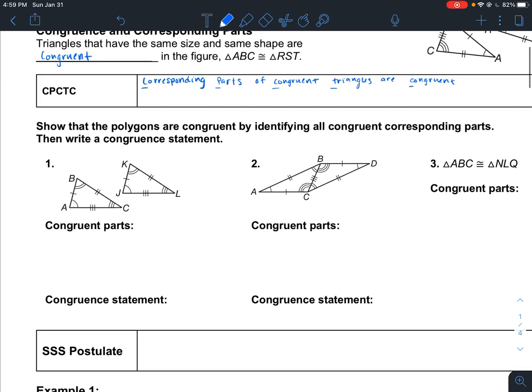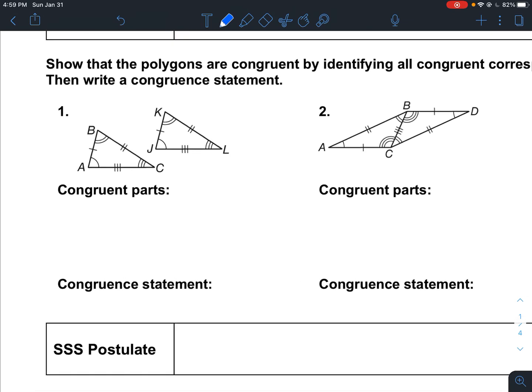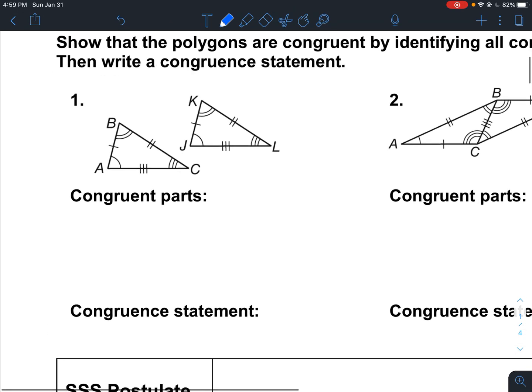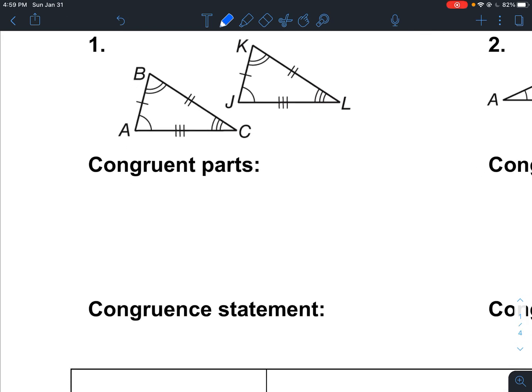In this part, it says show that the polygons are congruent by identifying all congruent corresponding parts. Then write the congruence statement. So number one, let's write all corresponding parts. There are going to be 6 corresponding parts because there are 3 angles and 3 sides. Let's name the line segments that are congruent.